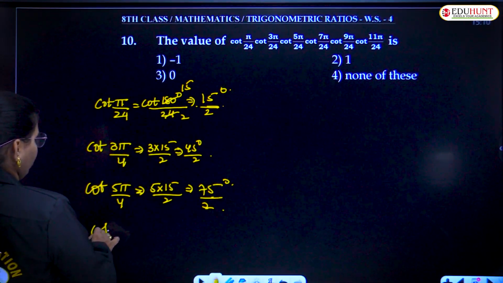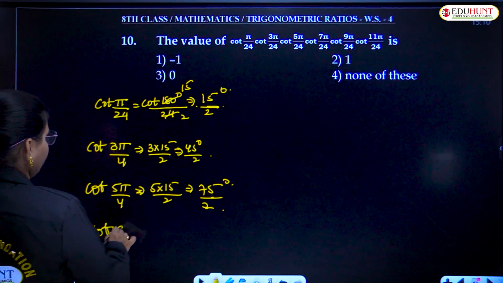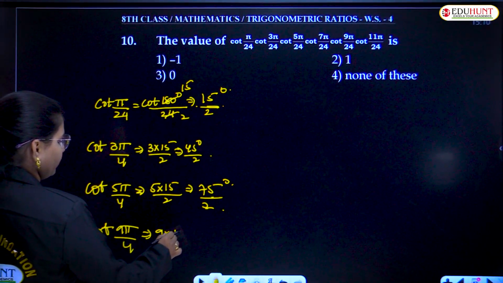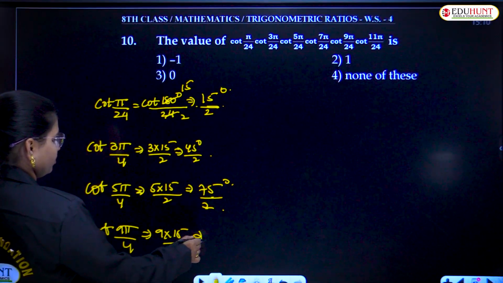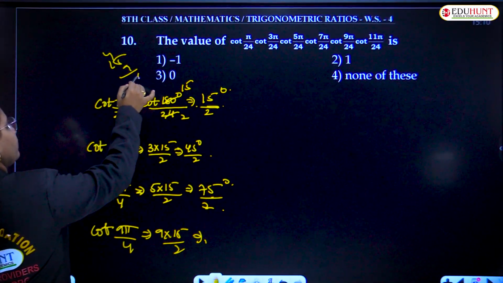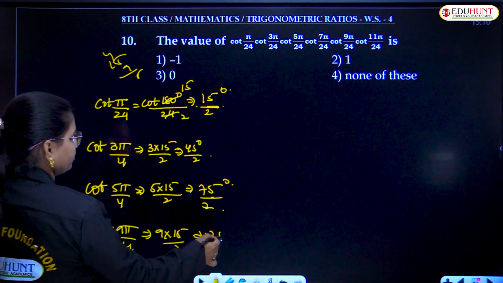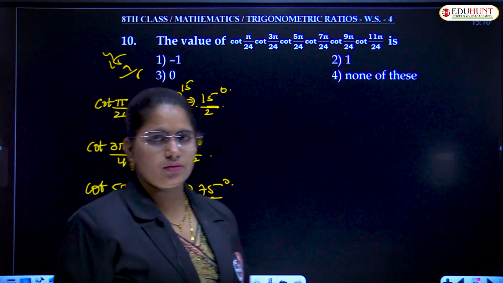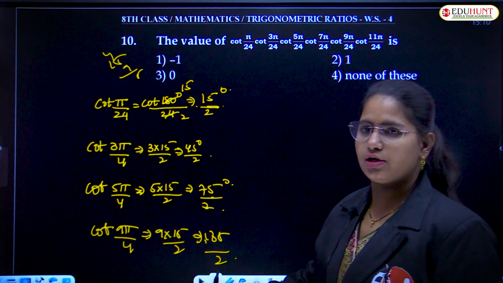Next, cot 9 pi by 24, which is 9 into 15. 9 5s are 45, which is 135 by 2 degrees. I'm converting everything in terms of degrees.